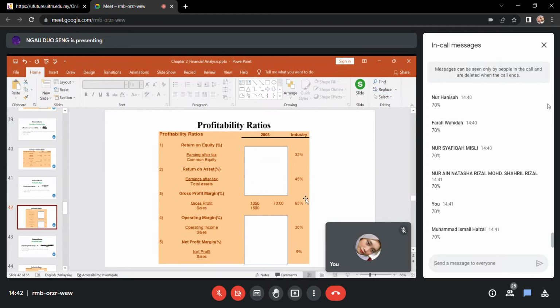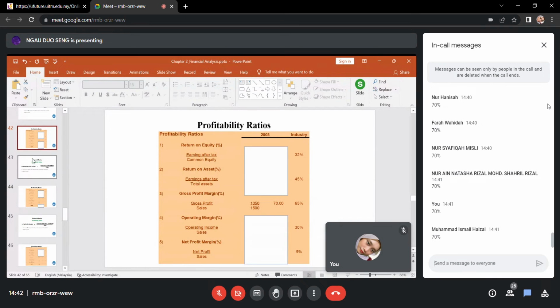If there are 2 years, 2003 and 2004, then we say 2003 is better. Better, or higher than 65, by 5%. We do a simple calculation. It is higher by 5%, that is 70% versus the industry. Simple explanation.